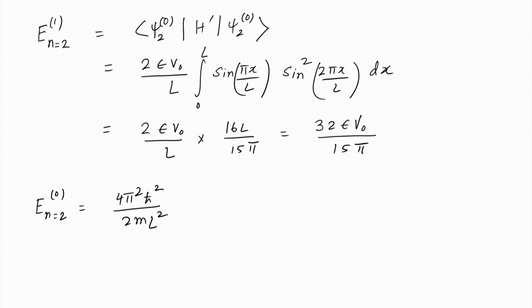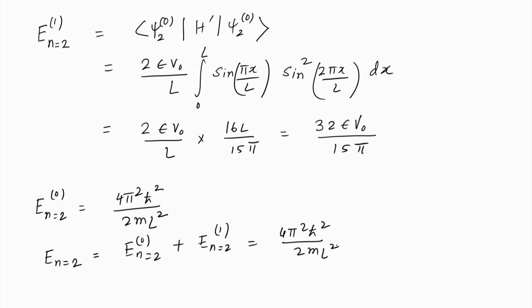In presence of the perturbation, we will have the total energy for n equal to 2, which is equal to the unperturbed energy that we have written just above, plus the one that we have computed. Put together, this would be 4 pi square h cross square by 2 m L square plus 32 epsilon V naught by 15 pi.